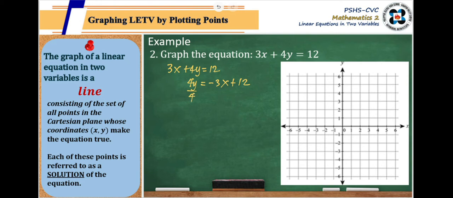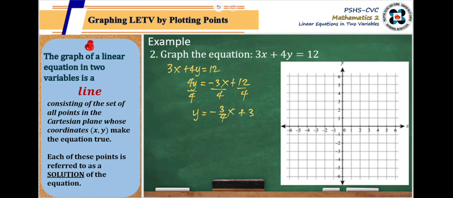So divide this term by 4, and then we also divide negative 3x by 4, and we also have 12 divided by 4. So what do we get here? We have y is equal to negative 3/4 x plus 3. We just isolated y from the rest.